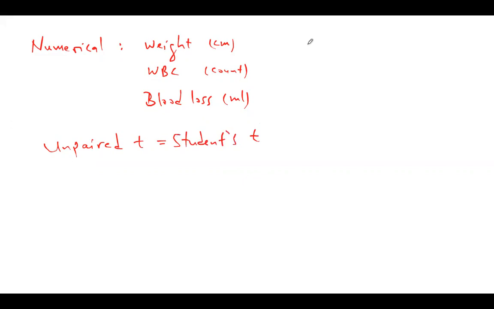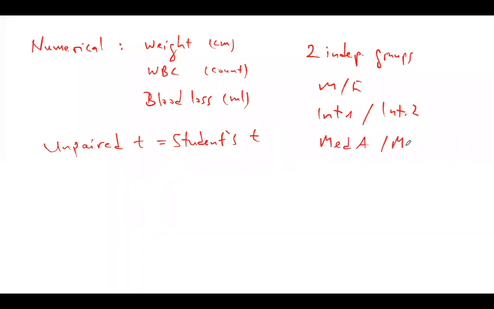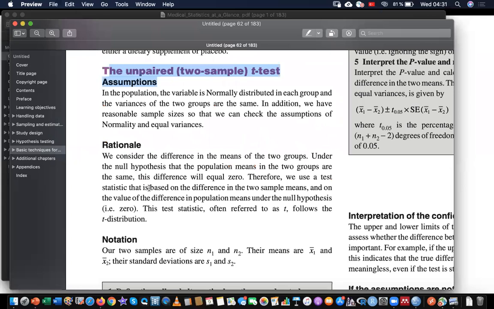So, two groups, two independent groups, such as male, female, such as intervention 1 and intervention 2, such as medication A, medication B. Anything you can compare. Okay? So, two independent groups. Then your scenario requires the independent samples t-test.